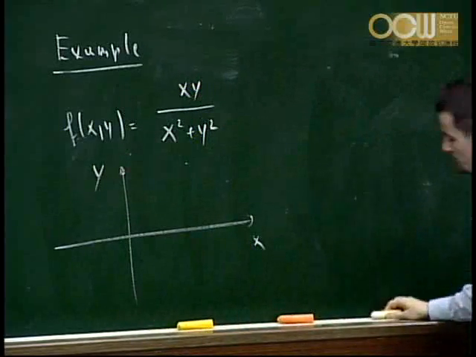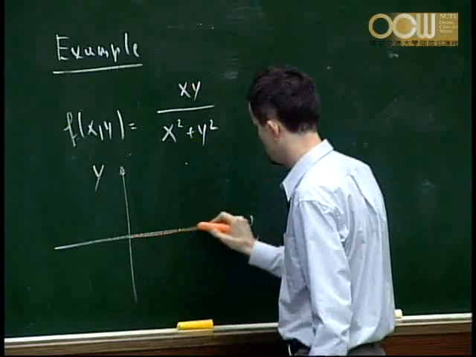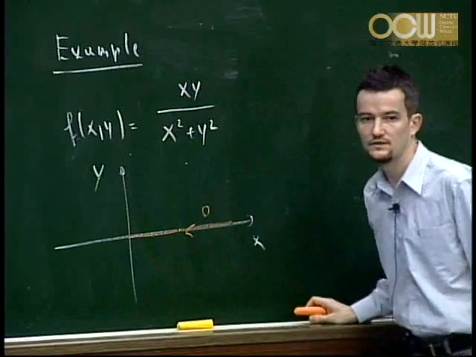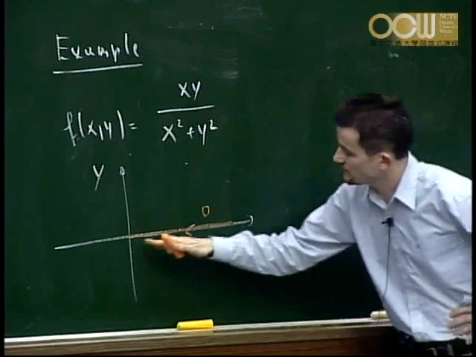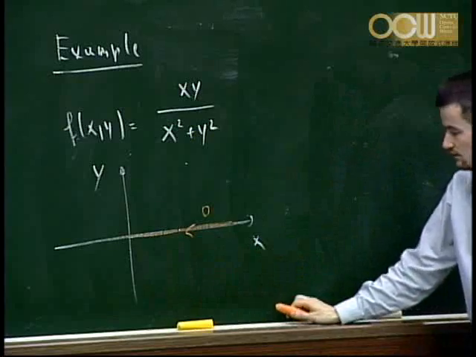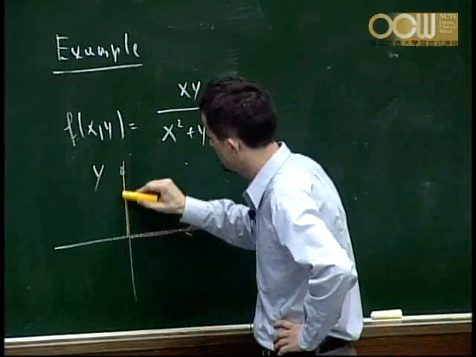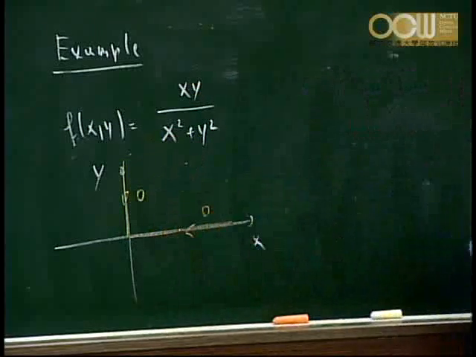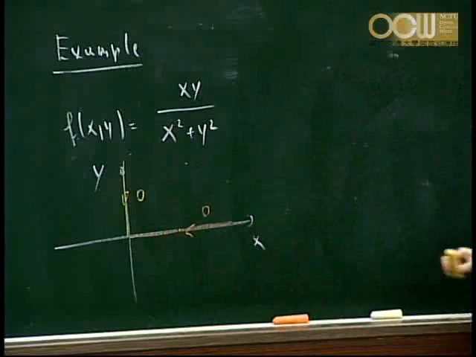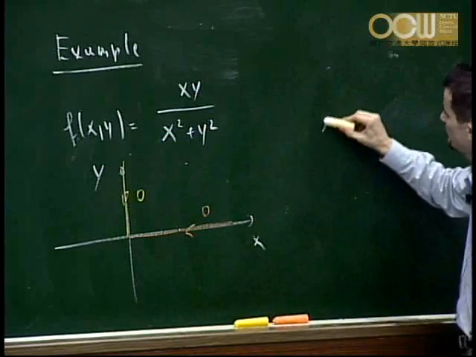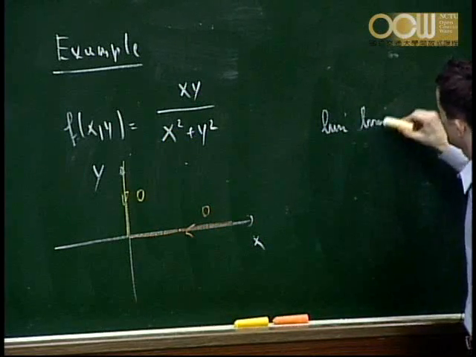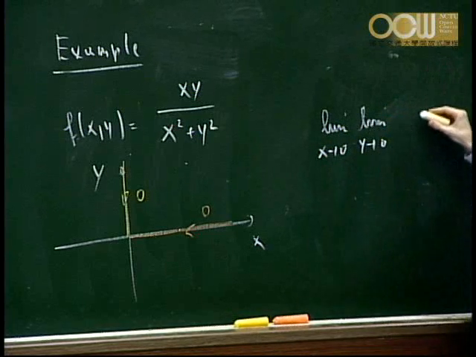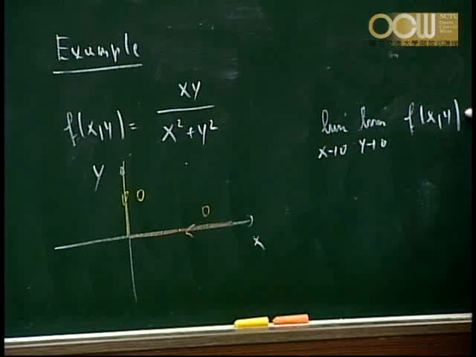If I approach along this direction, then y is equal to 0, so the function is equal to 0. So the limit will be equal to 0. If I approach along this direction, x is always equal to 0, so the function is also 0. So in this case, the limit as y tends to 0, x tends to 0 of f(x,y) is equal to 0.